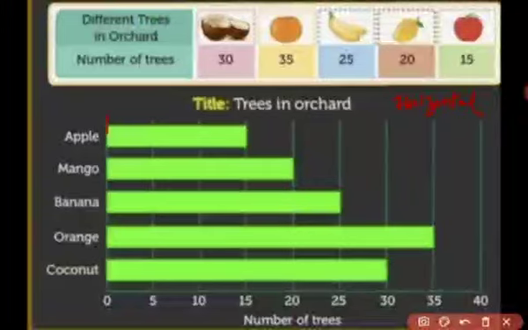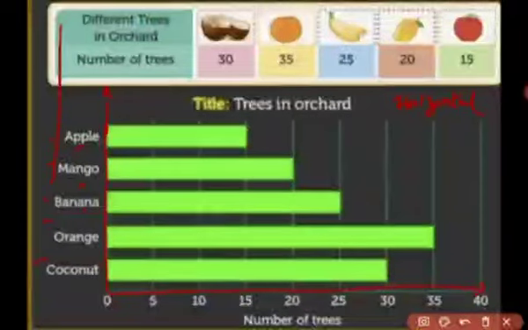In the horizontal graph you are taking the tree names over here, and the scale on the x-axis. A vertical graph is the opposite, we take the number of trees on the y-axis, and the names on the x-axis. Anyway, this is a horizontal graph.